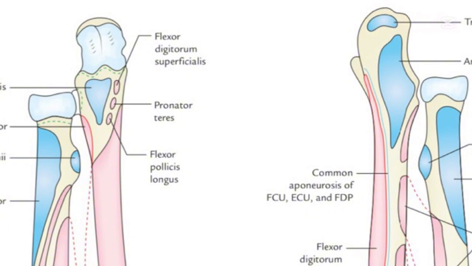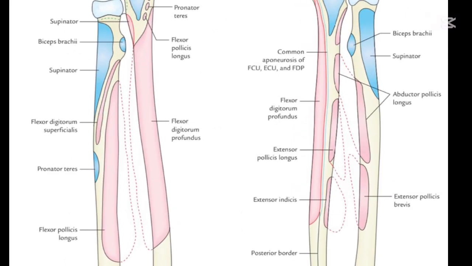In the anterior part, you have 3 muscles that are in the deep, while in the superficial you have 5 muscles there. So total 8 muscles in the anterior compartment. In the upper two-fourths you have the flexor pollicis longus. In the lower one-fourth you have the pronator quadratus. While in the middle, between the flexor pollicis longus and the pronator quadratus, you have the nutrient foramen.